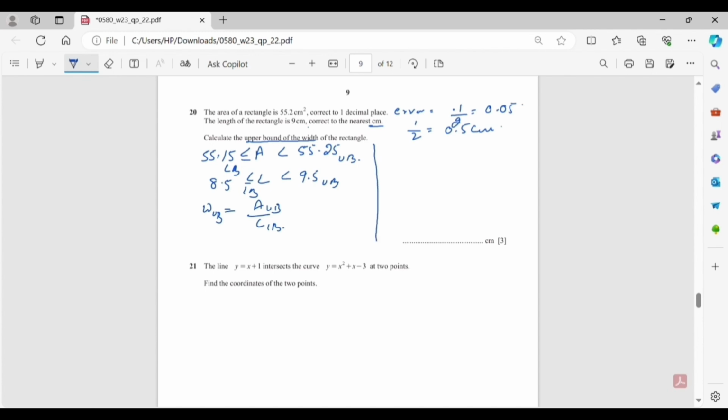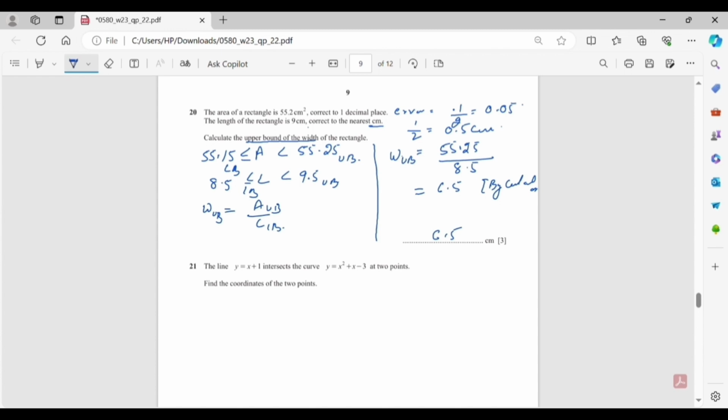So this area upper bound, 55.25, over length lower bound 8.5, is equal to 6.5 by calculator. So our answer is 6.5 centimeter. Now question number 21.